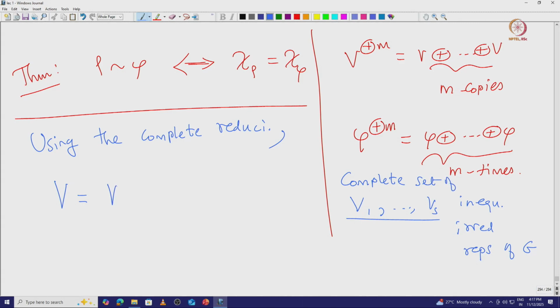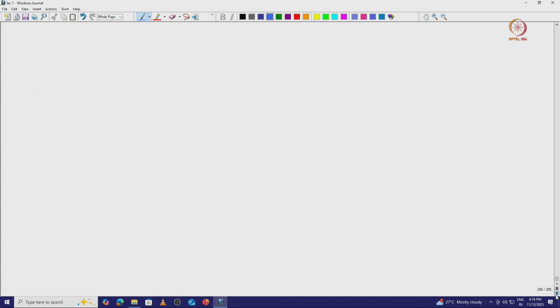So, in particular, V you can write as V1 direct sum M1 direct sum etc. direct sum Vs direct sum Ms. These Mi are called the multiplicity of Vi inside V. Now, in order to prove the uniqueness, we need to prove that these multiplicities only depend upon the isomorphism class, and that is immediate using the property that the respective characters are linearly independent.